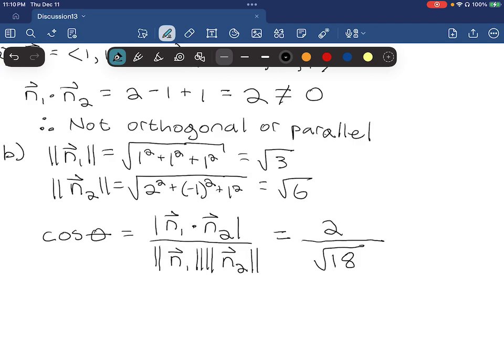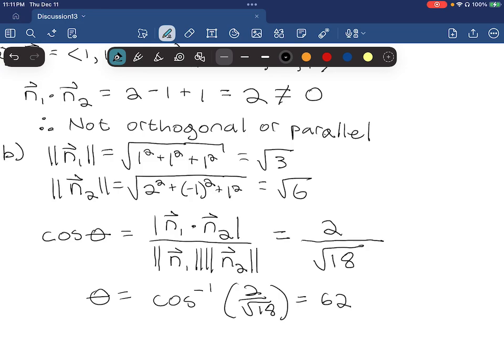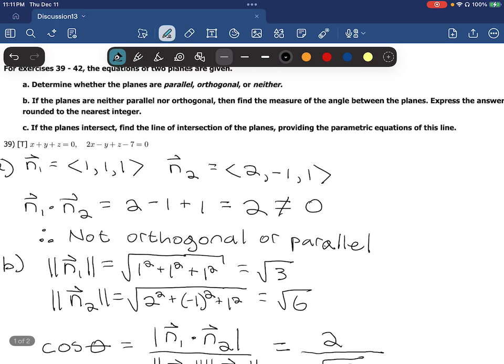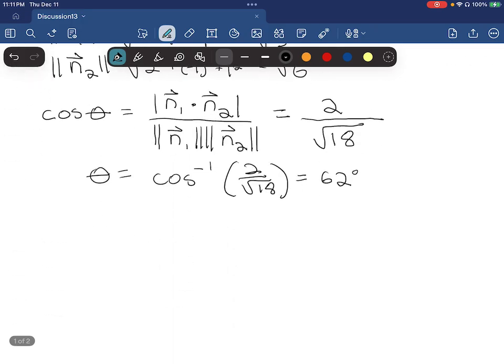And then I'm just going to enter that into the calculator. And we got 61.874, but the problem wants us to round to the nearest integer, so we'll call it 62. And that is part B, so now we can move on to part C.